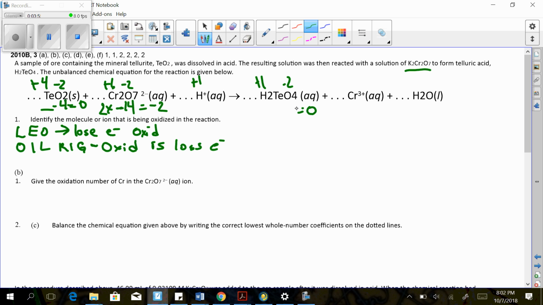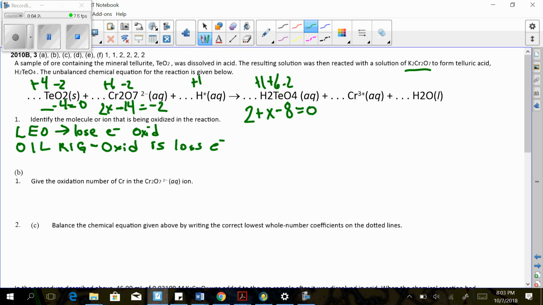If I start doing the math, I have 4 oxygens with a -2 charge, that's going to be -8. I don't know my tellurium, so I'm going to make that an X. And I have 2 hydrogens that are +1, so that's going to be +2. If I add these all up and solve for X, that makes my tellurium a +6.